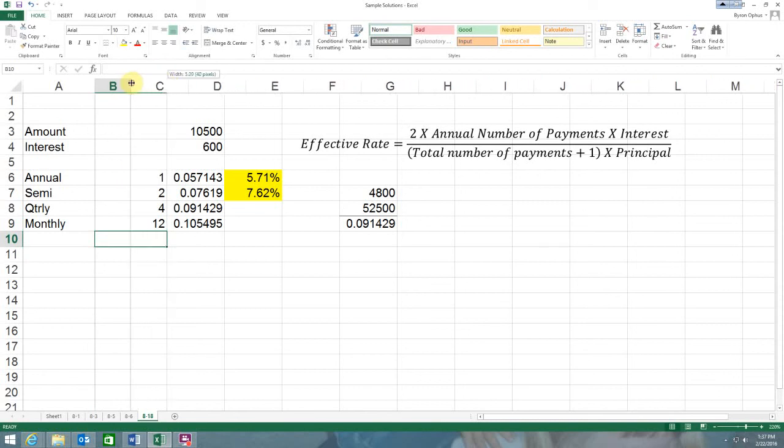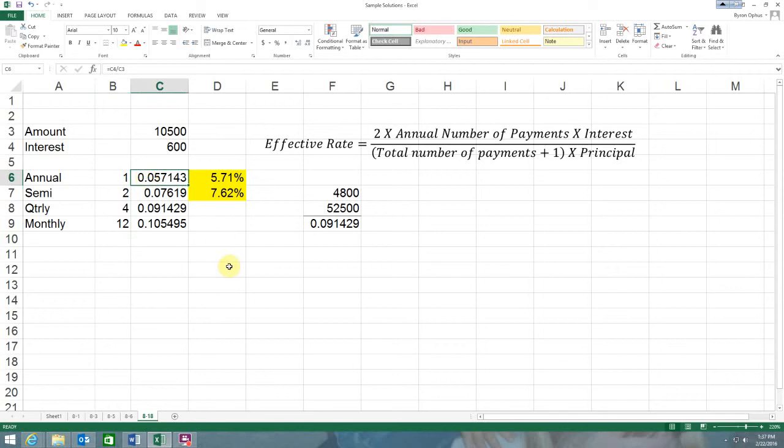So you could simply say it's equal to, and you're going to need a lot of parentheses, 2 times the number of payments times the interest, with dollar signs on that, divided by the total number of payments plus 1, times the principal, and again I'll hit F4 to make dollar signs.